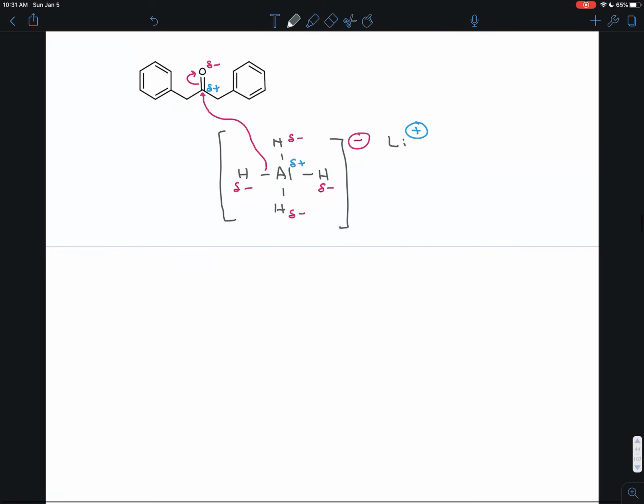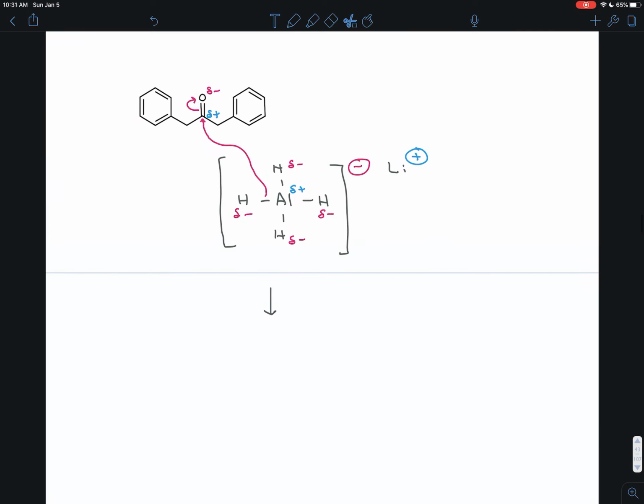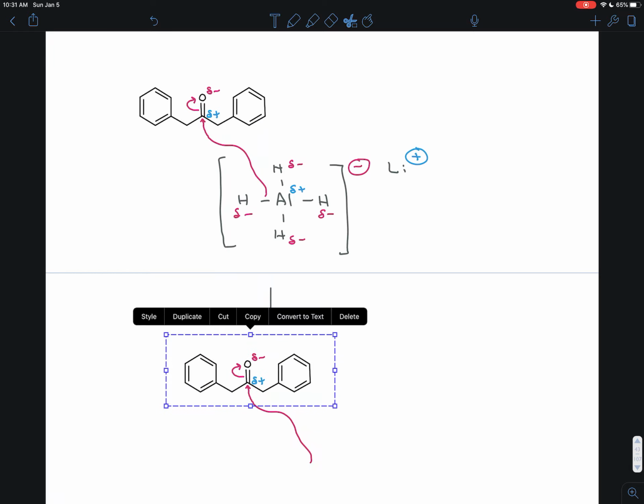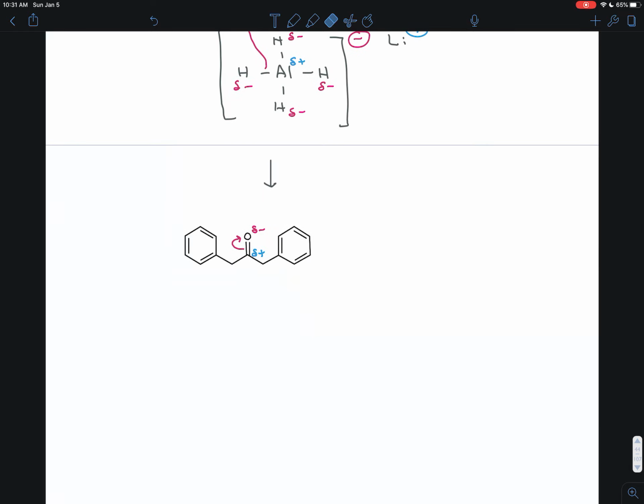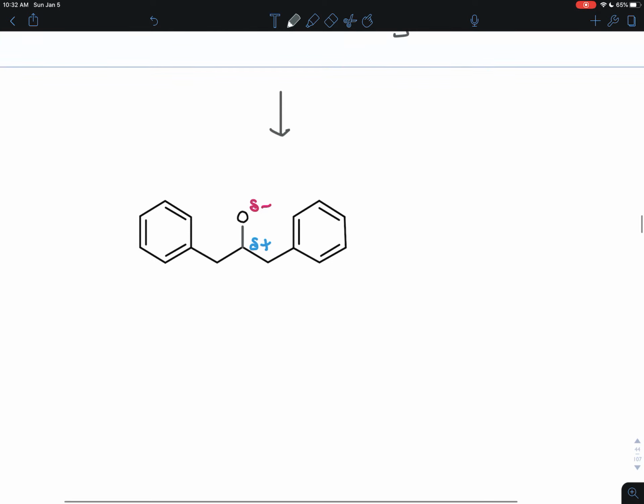Okay, so after that nucleophilic attack, we will have this oxygen.